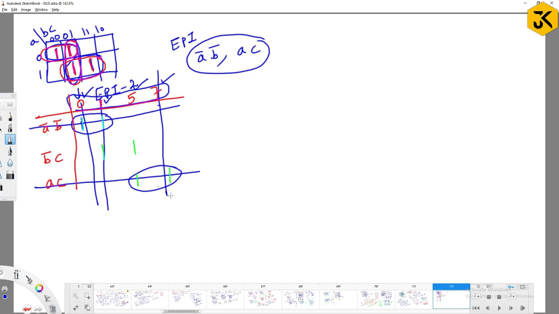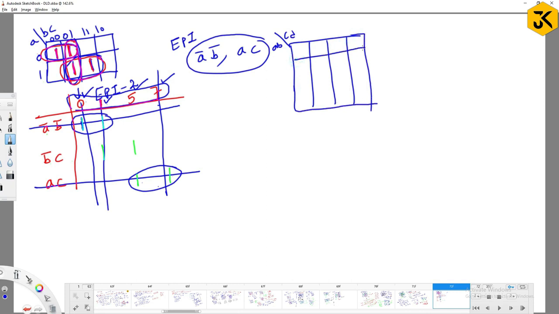Right? So try to take one more example, the same example, ABCD. I think what you have discussed, right?